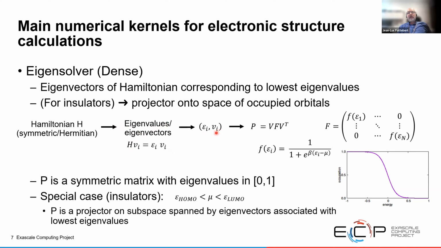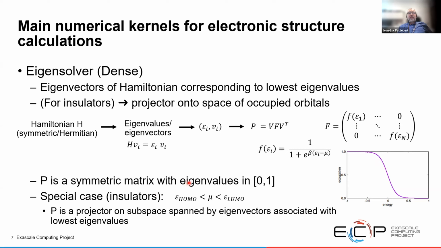From these eigenvalues and eigenvectors, you can calculate a projector, the density matrix P, which can be computed with the matrix V made of the eigenvectors, and F, which is just a diagonal matrix where the diagonal elements are given by this Fermi-Dirac function, basically a function that takes values 1 for the lowest eigenvalues and 0 for the highest eigenvalues.